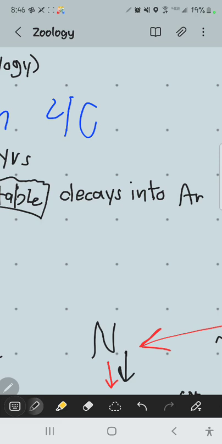Volcanoes emit gas from the core of the Earth, and that 1% of argon is the result of volcanic activity over the course of Earth's history. Because argon is a gas and non-reactive, once it's established, it just goes out and hangs out in the atmosphere.